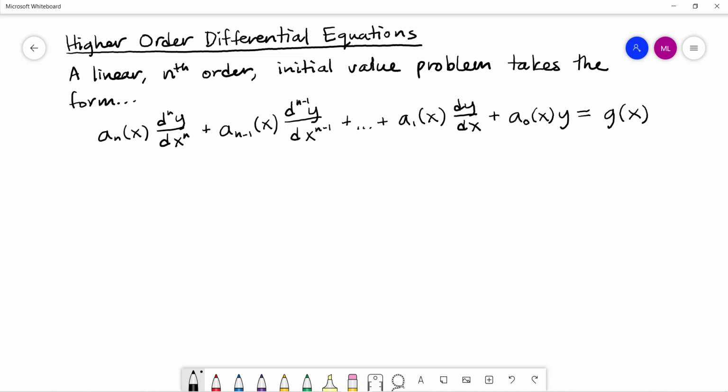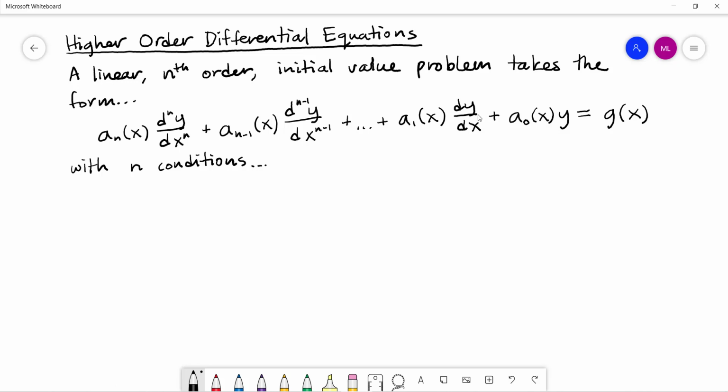And it's going to require multiple different conditions. So here's the form of the differential equation, and it's going to require n conditions. So let's think about what this would look like. So far, we focused on first-order differential equations, and they only required a single initial condition in order to figure out what that unknown constant c is that shows up when we integrate, right?